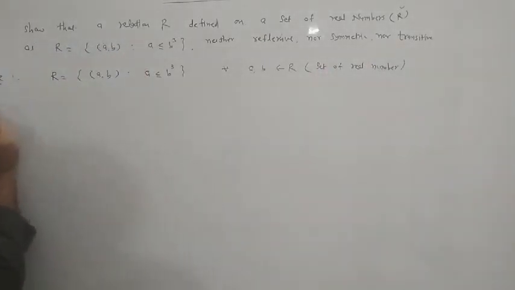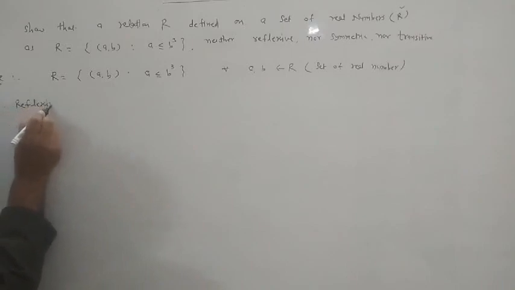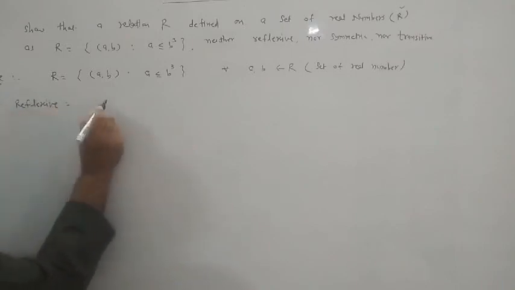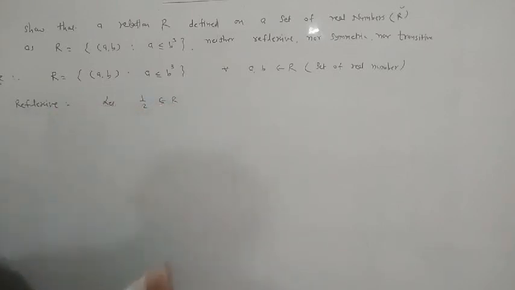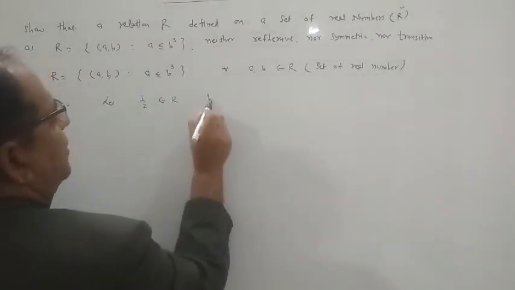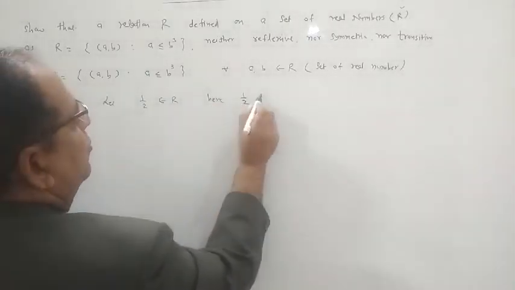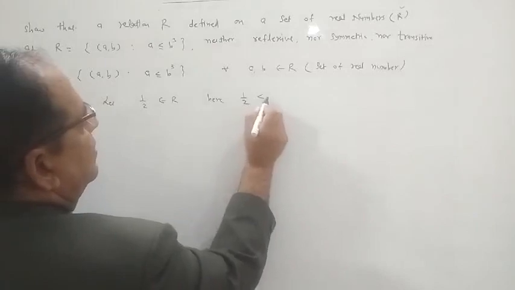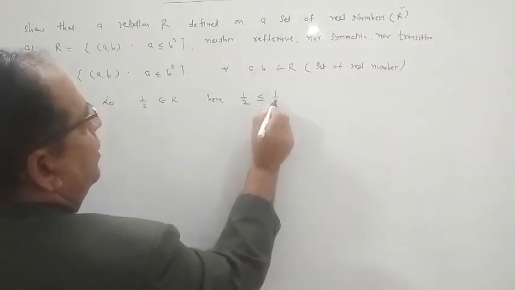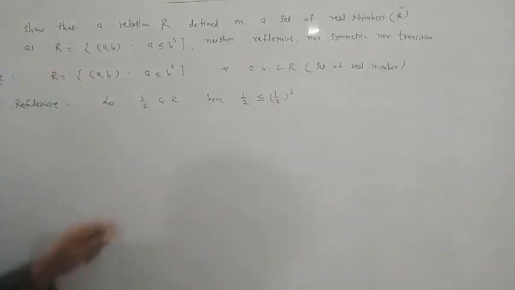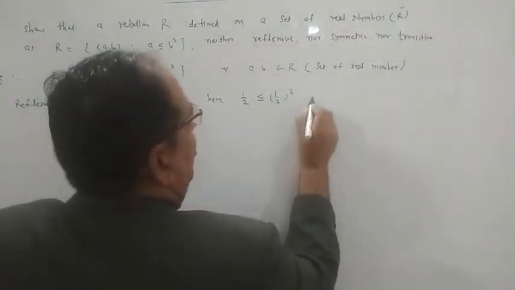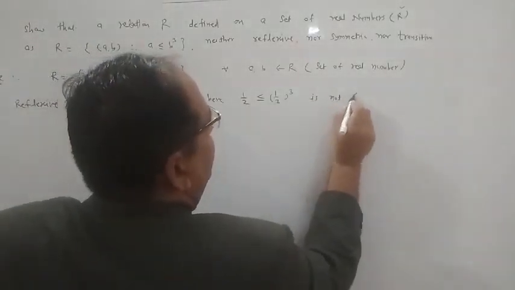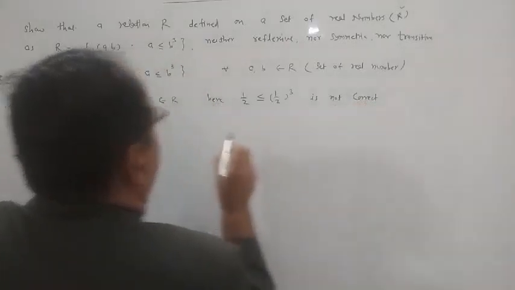So now first we start with reflexive. Let 1/2 belong to R. Here 1/2 less than or equal to (1/2) cube is not correct.